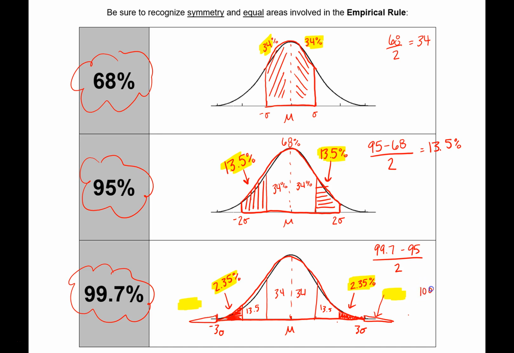So 100% minus 99.7 is 0.3%. If I divide that 0.3% in half, that gives me 0.15%. So I've got this tiny little percent over here describing this last bit and a tiny little bit over here.